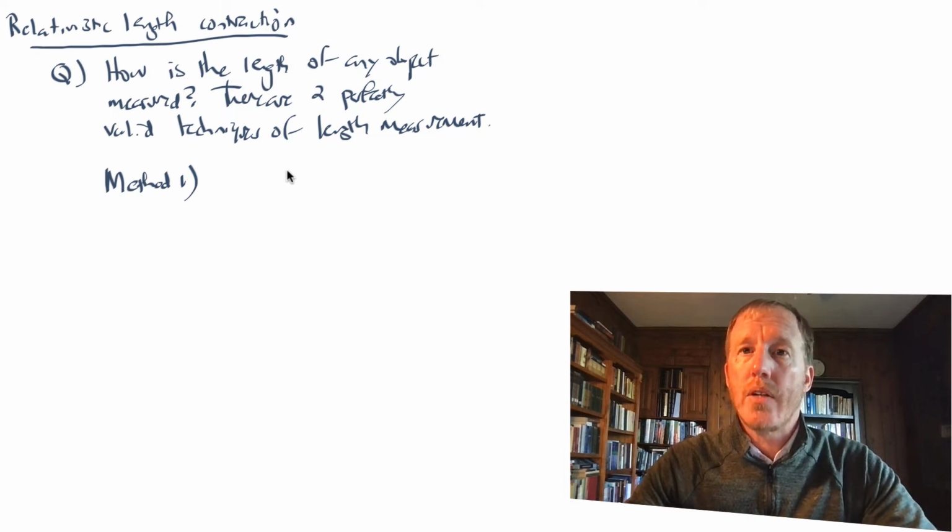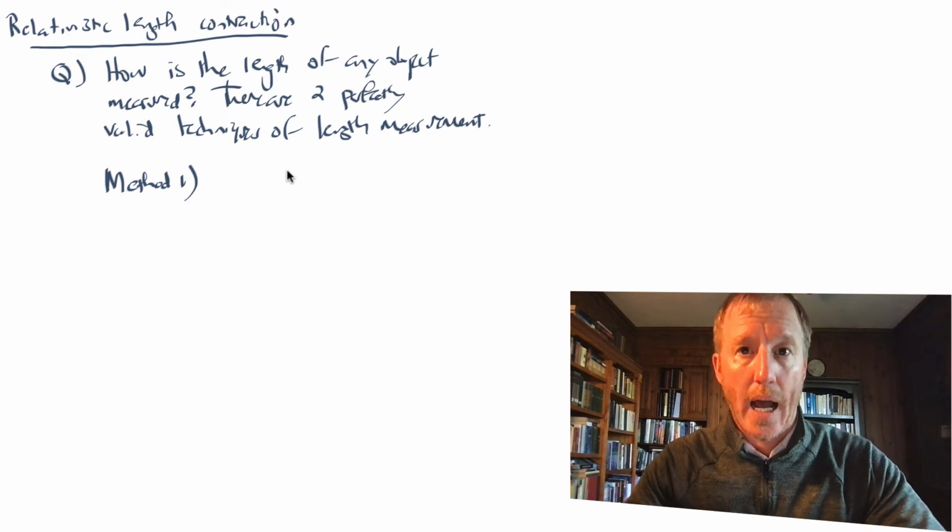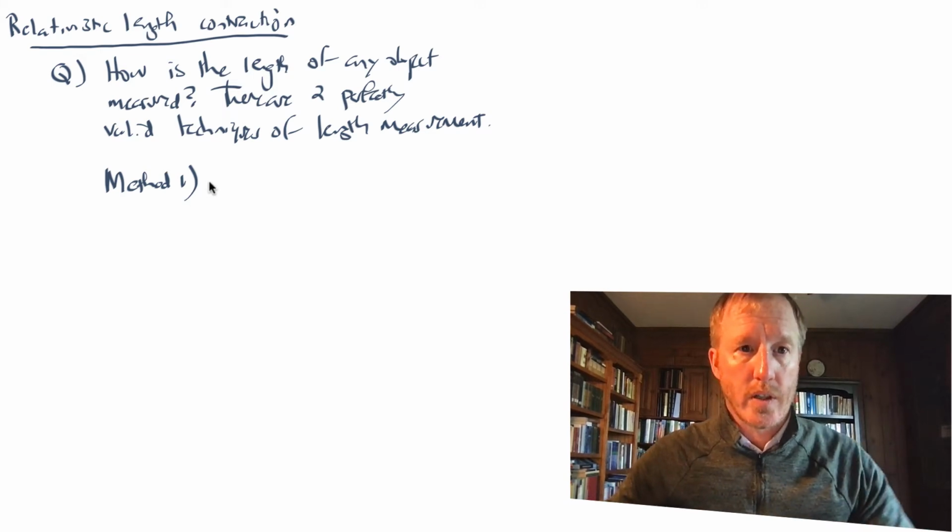Notice what you're doing there. You are placing a measuring rod, as Einstein would call it, a measuring stick, a ruler, in the same frame of reference as your desk and counting how many of them fit. So let's describe this.